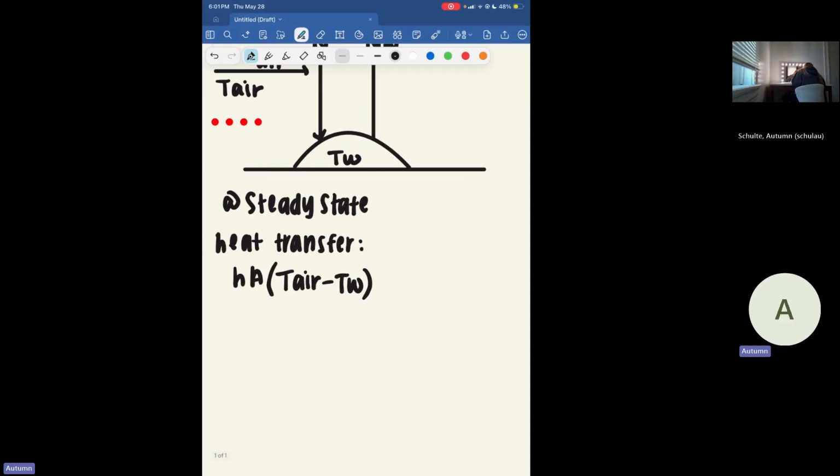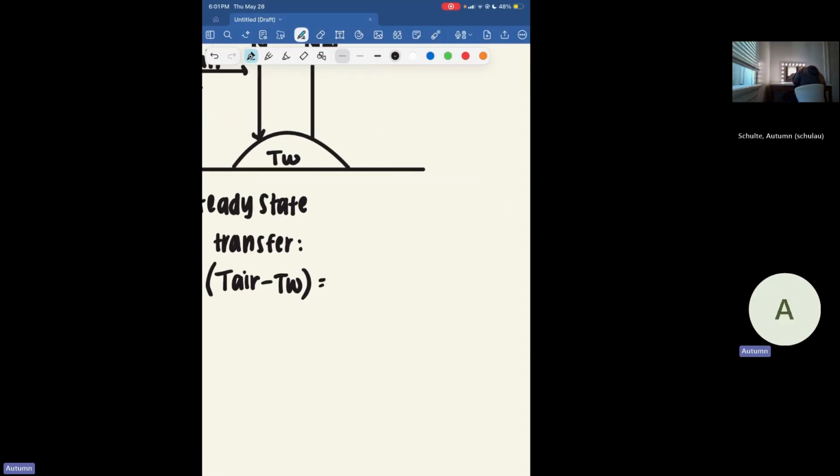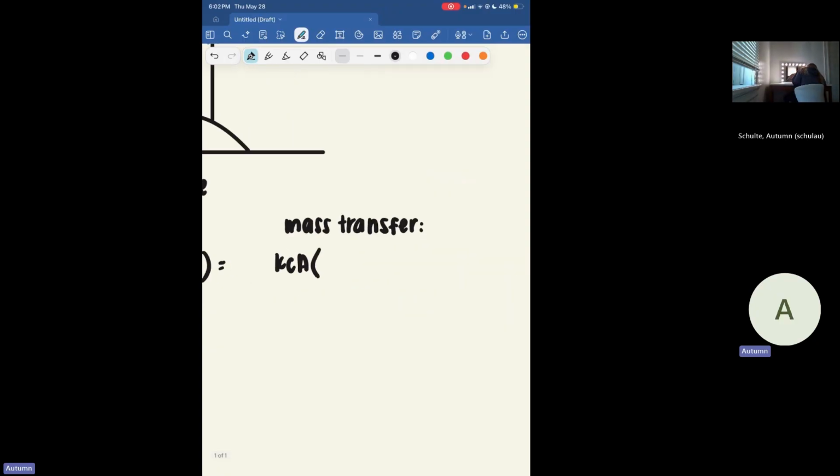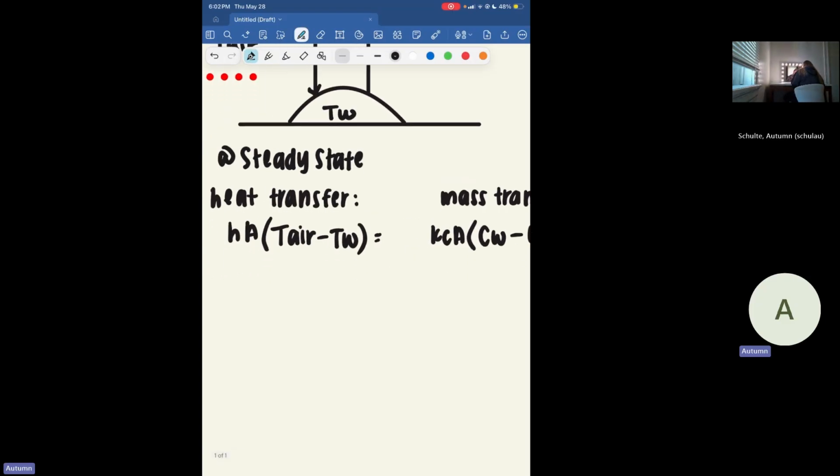Now this is going to be equal to our mass transfer equation, and that is the mass transfer coefficient K sub C multiplied again by the area multiplied by our change in concentration, and that is going to be the concentration of the water to the air. That's going to be the concentration of the water minus the concentration of the air, which will put us C infinity.